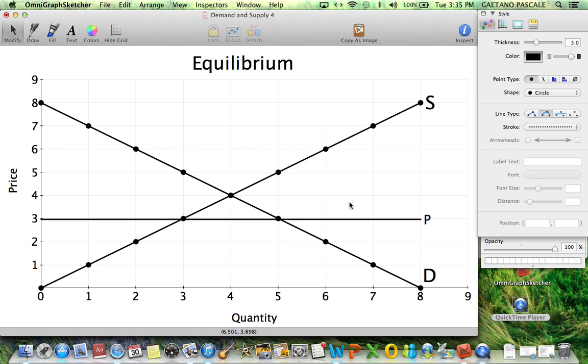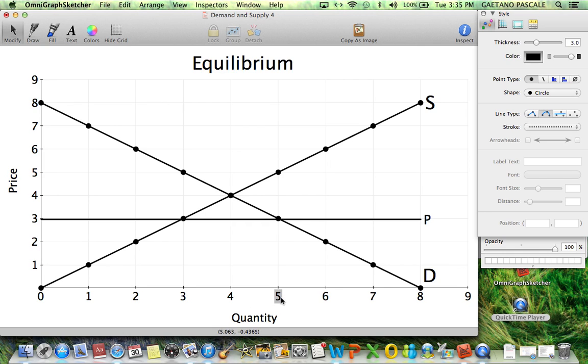So let's say they decide that they're going to sell this product for 3. This does decrease the shortage, right? Increasing the price up to 3 increases quantity supplied, because remember, as the price goes up, the individuals want to sell more. So as the price goes up, the suppliers of this product start supplying more of that because the price is higher. But what happens on the opposite side?